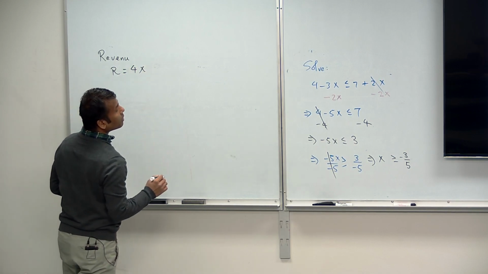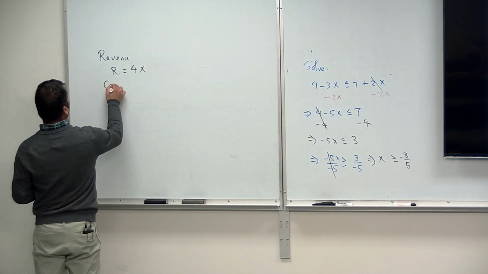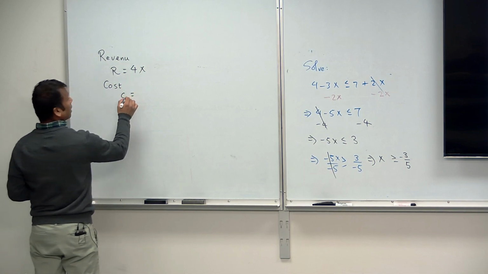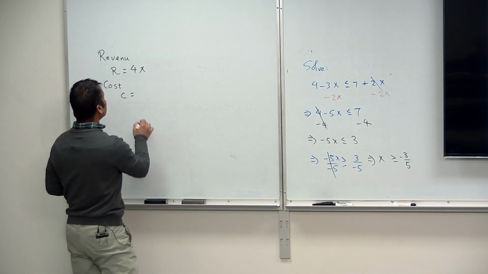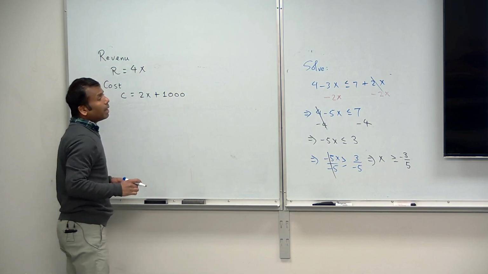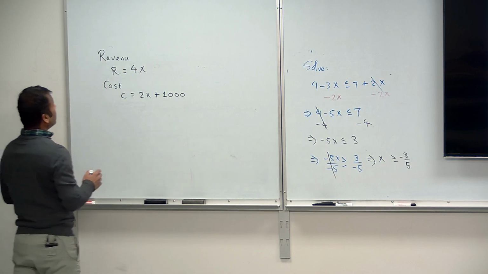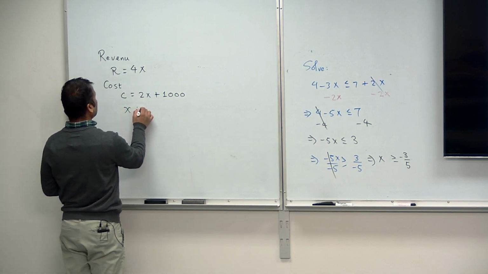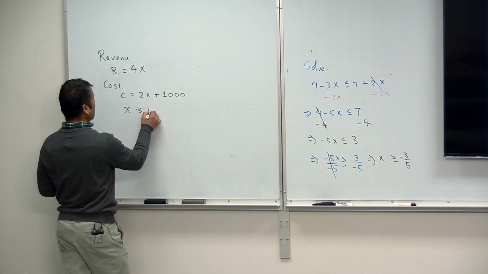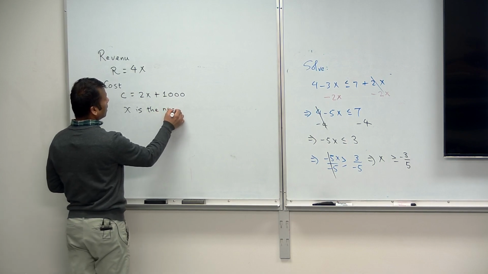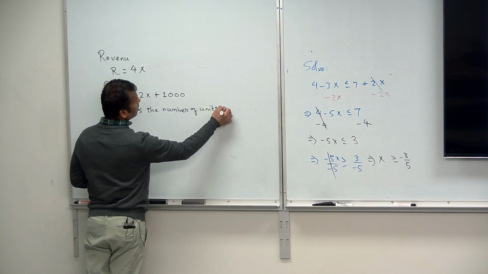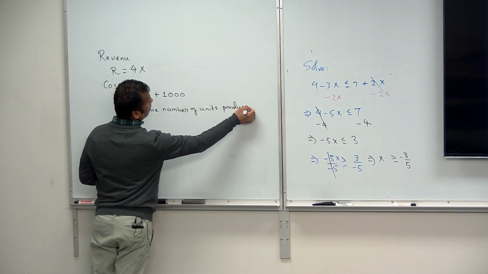And the cost is denoted by C, is equal to 2x plus 1,000. Okay? Now, and this x is the what? Number of units produced. x is the number of units produced.